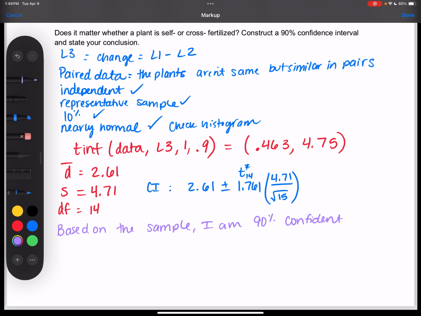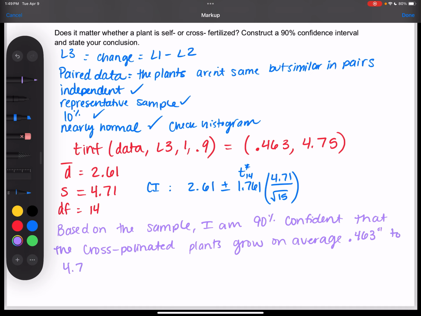Based on the sample, I'm 90% confident that the cross-pollinated plants grow on average 0.463 inches to 4.75 inches taller than self-pollinated plants.